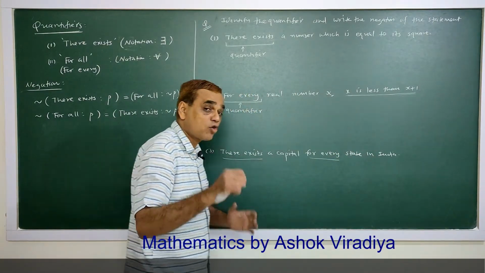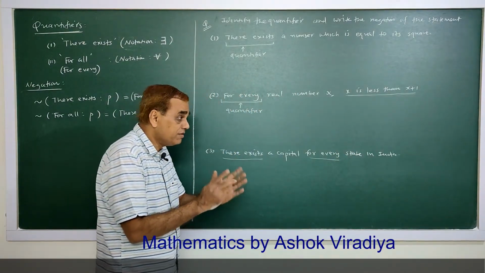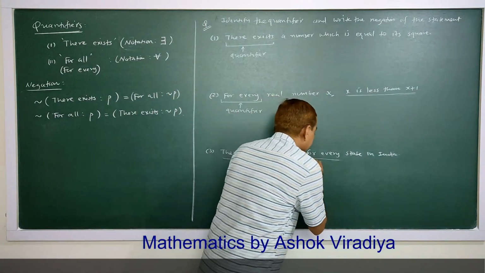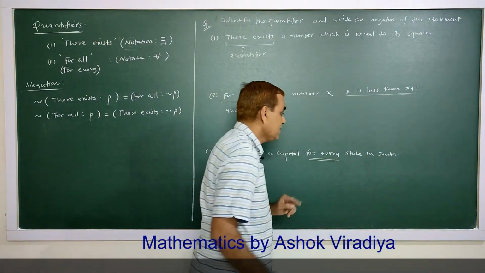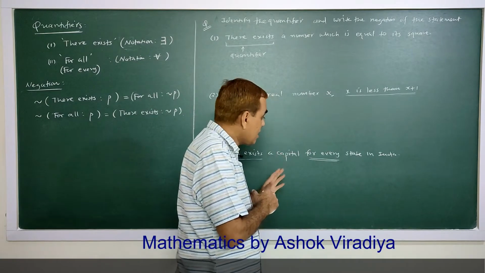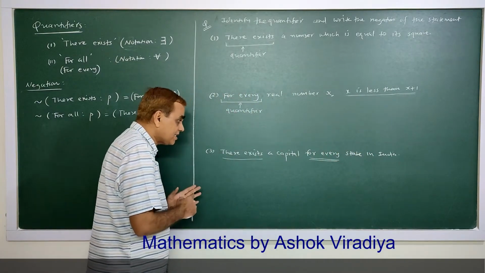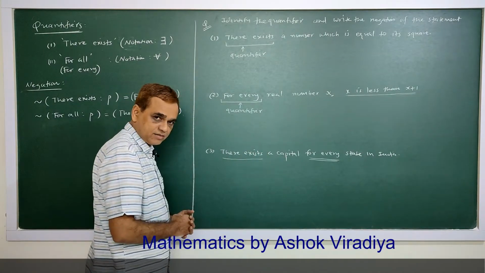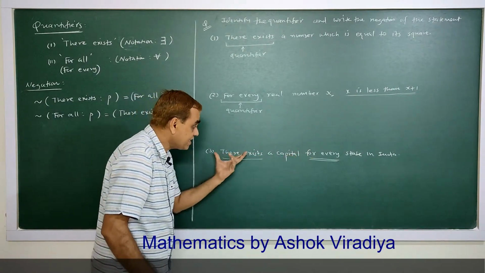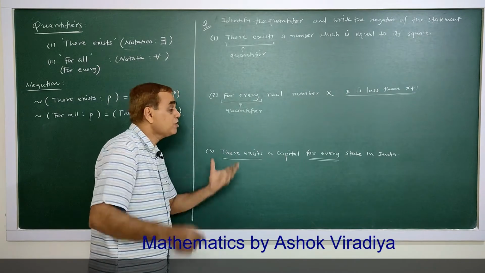So here a common property is given for every state in India. This means that every state of India has a capital. That is the meaning of this statement.